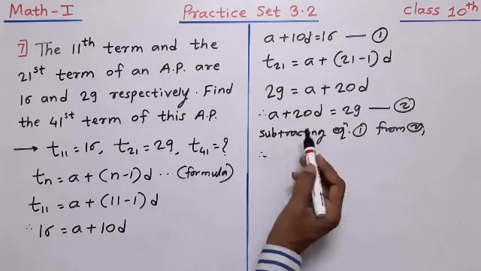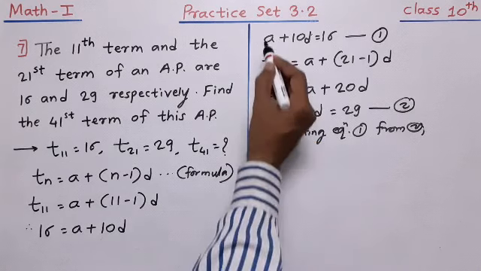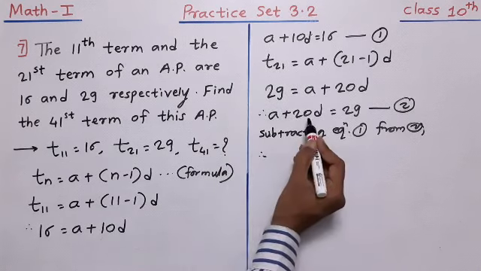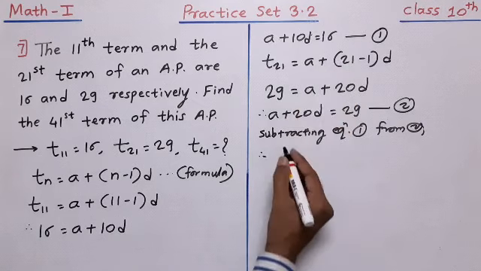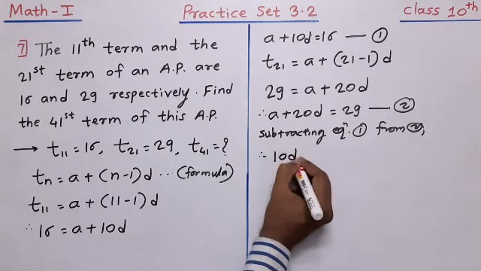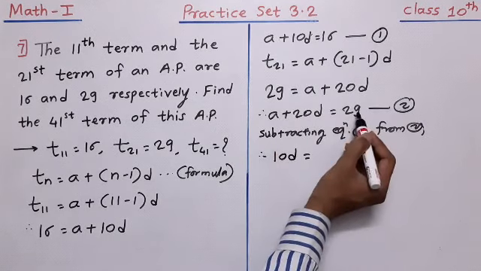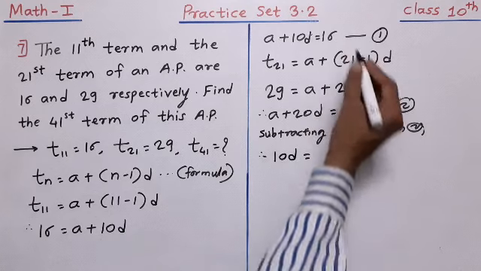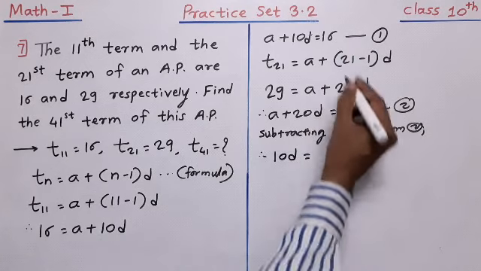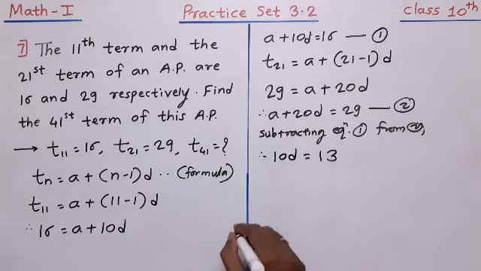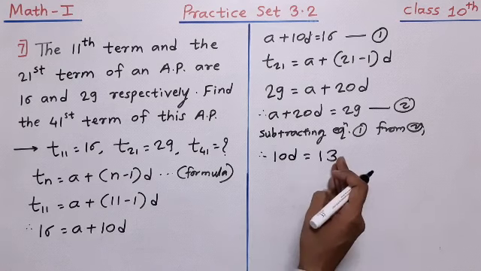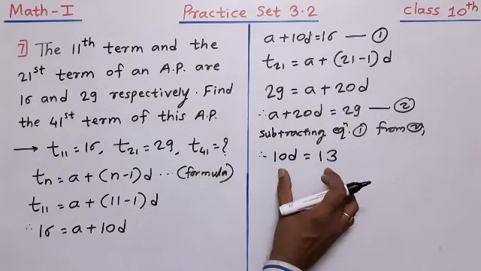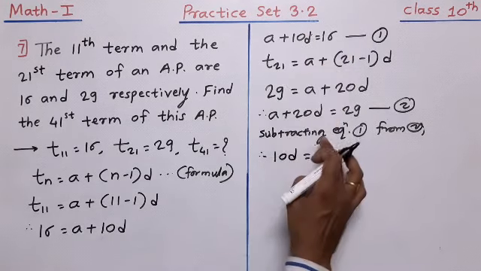You can directly write, see here, a minus a, 0, 20d minus 10d, it becomes 10d, is equal to 29 minus 16, 9 minus 6, 3, 2 minus 1, 1. So right hand side 13. This we get by subtracting equation 1 from equation 2.